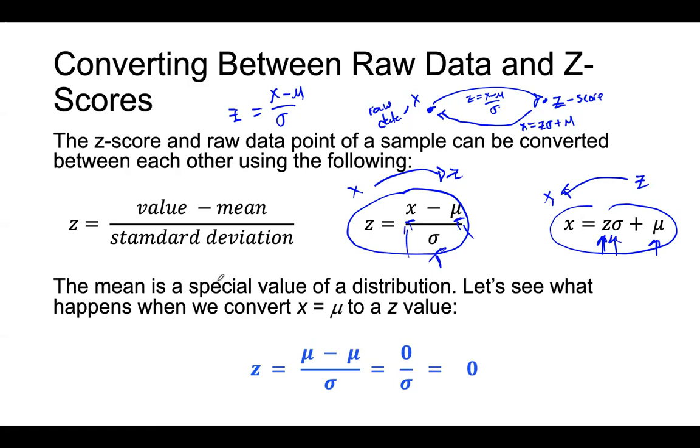So the mean is a very special value of the distribution. We can see what happens when our x is basically 0. So when x is equal to 0, you see that we have 0. And if our mean is equal to 0, what happens?